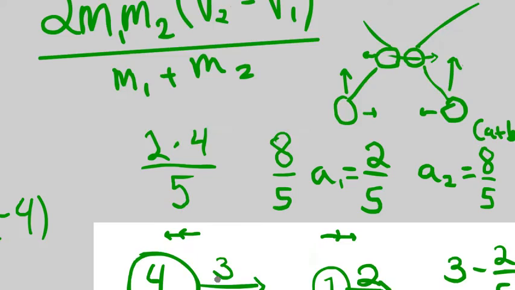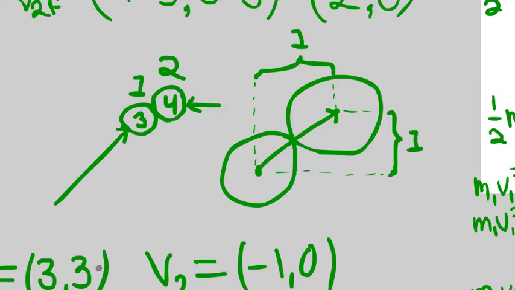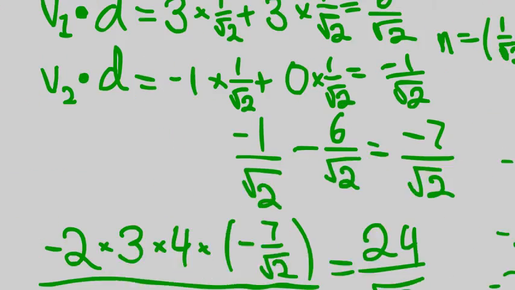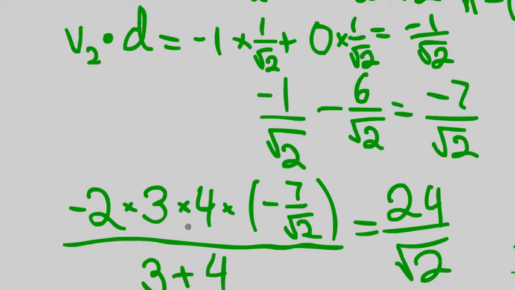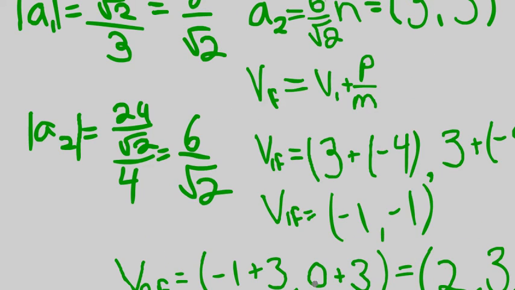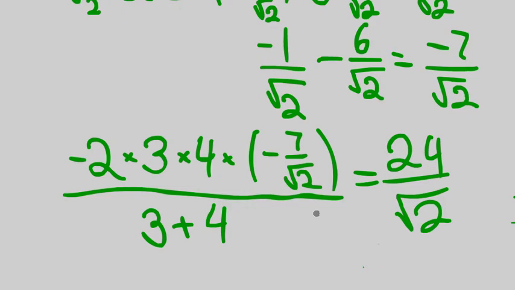Just memorize this part, because I'm using it right here. 2 times the masses of both of the things, 2 times 3 times 4, times their relative velocity, which is -7 over the square root of 2. Remember, that's the velocities of both masses subtracted from each other, which I already did here. And then you divide it by their total mass, and we get 24 over the square root of 2.